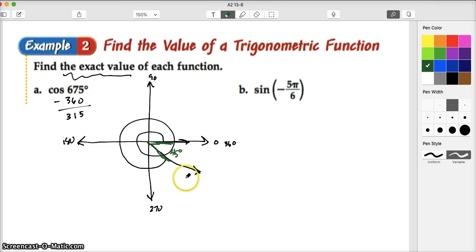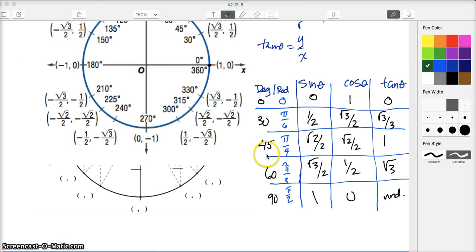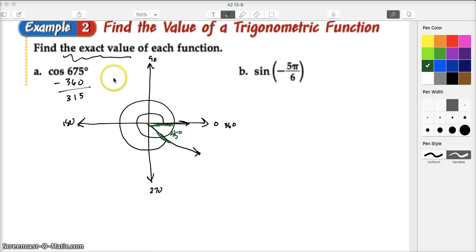Now, for this 45-degree angle, we have to remember the cosine of 45 degrees. If we go back to that chart, we can see that the cosine of 45 degrees is square root 2 over 2. So I know that the cosine of 675 is going to be the square root of 2 over 2. But wait, I need to consider the quadrant. Is it positive or negative?